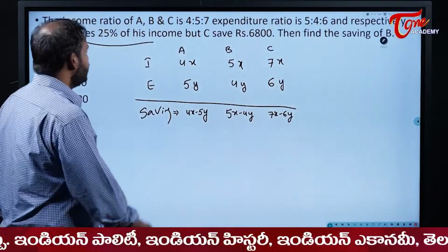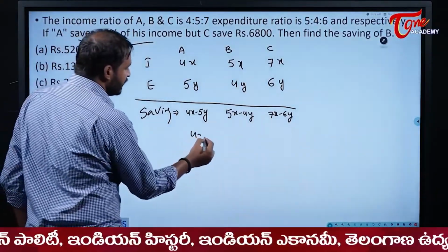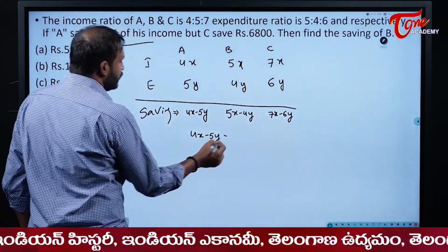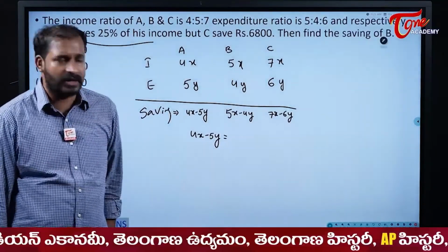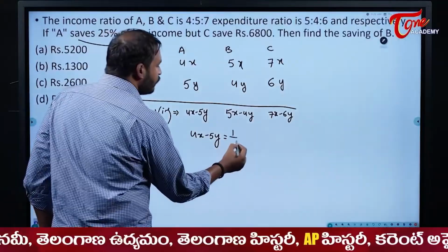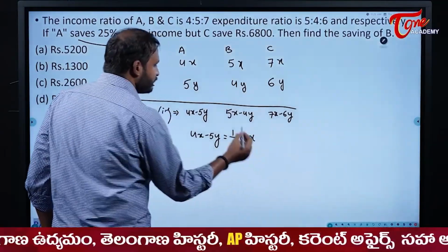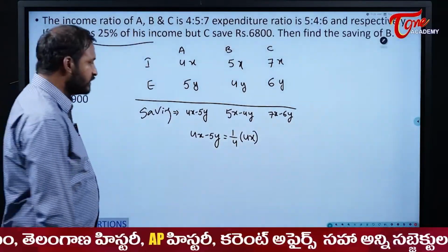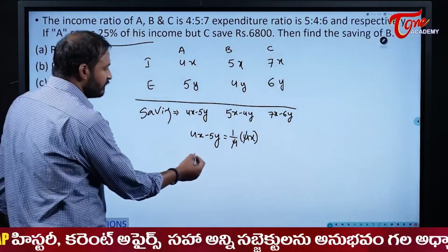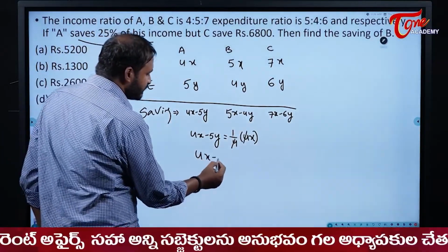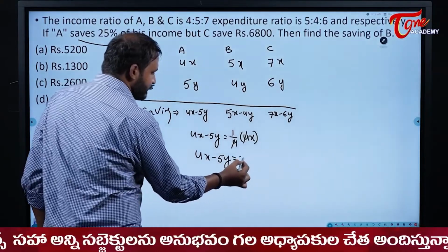Now please observe what they are telling here. 4x minus 5y is equal to, he is saving 25% of his income, right? 25% becomes 1/4. So 1/4 times of 4x, so 4 will get cancelled. So what I will get here? 4x minus 5y is equal to x.